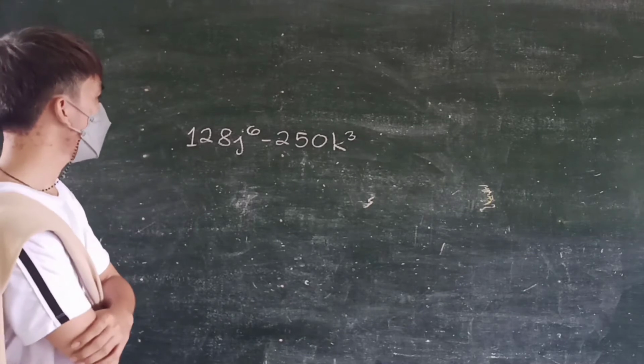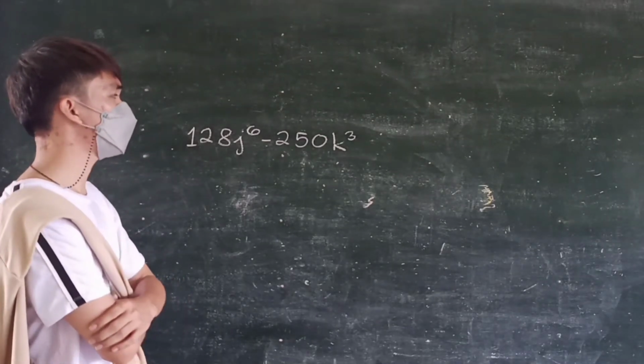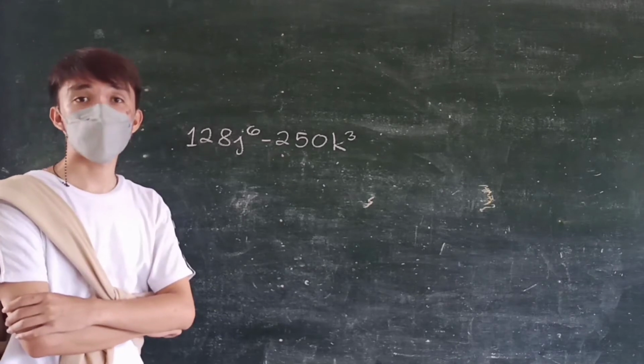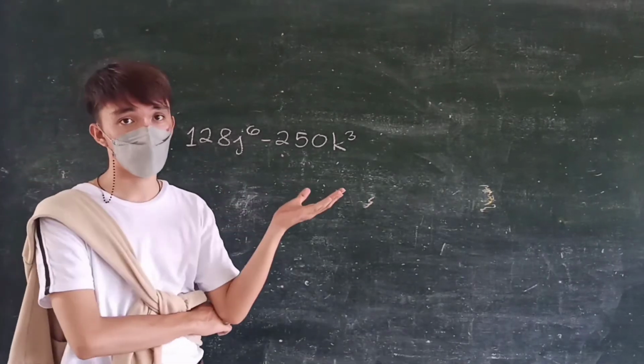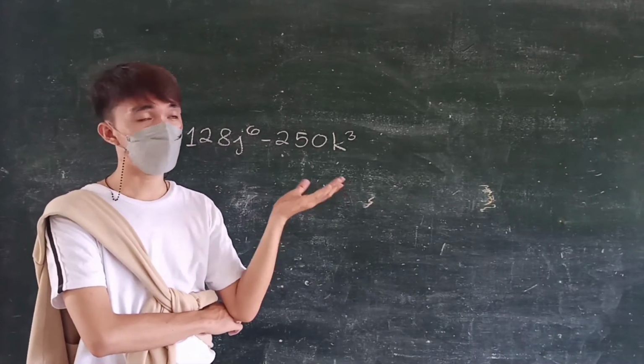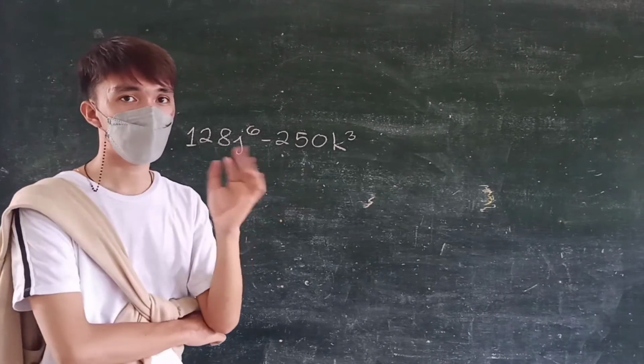We have 128j to the power of 6 minus 250k raised to the power of 3. As you can see, the given numbers are way too big. So, let's factor it out first. Their GCF is very obvious. We have 2.